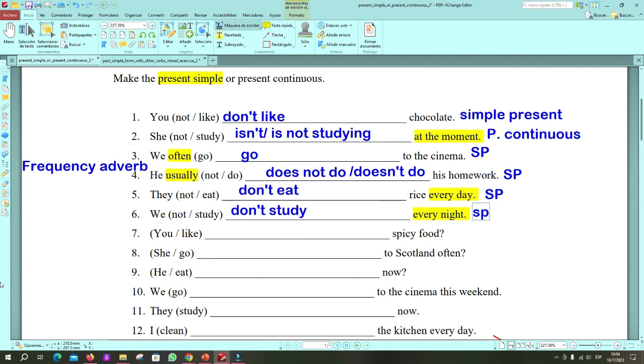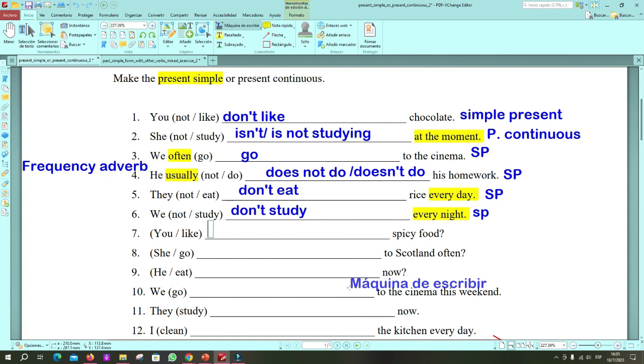Okay. What about this one? This is a question. You like spicy food. And you have here the subject, you, and the verb. This is a yes/no question. Which could be the answer for that one? Justin? Do you have that one?